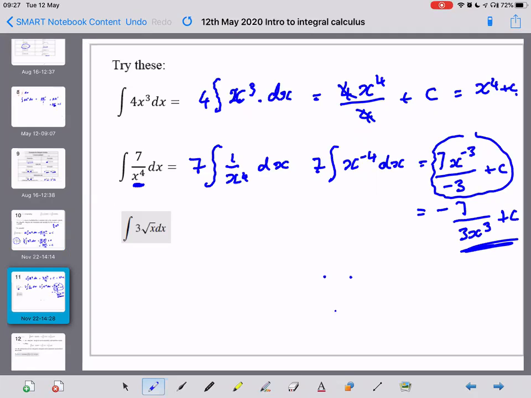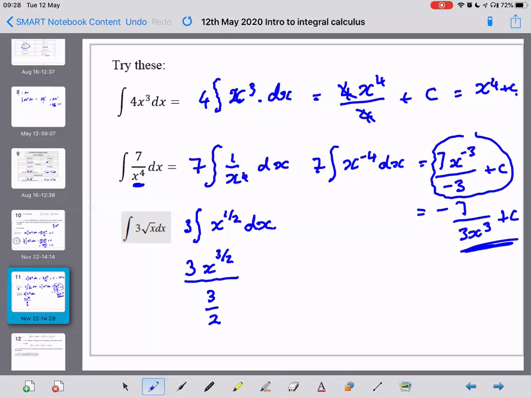This last one first needs to be written as the integral of. So we can take the 3 outside, but we need to write the square root as a power of a half, dx. Then we can say the answer is 3x, add 1 to a half becomes 3/2, divided by 3/2.